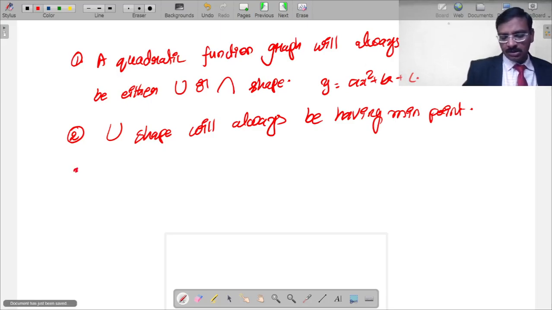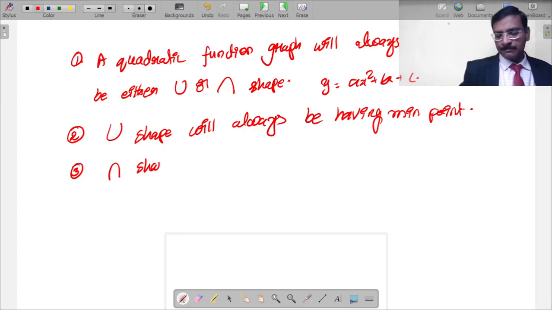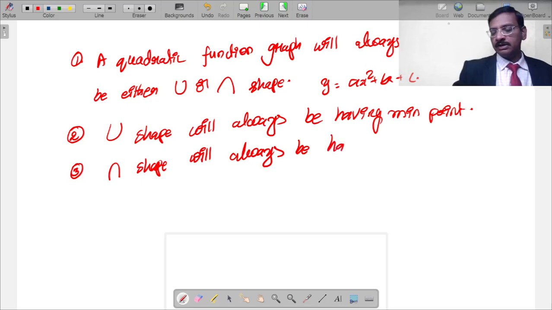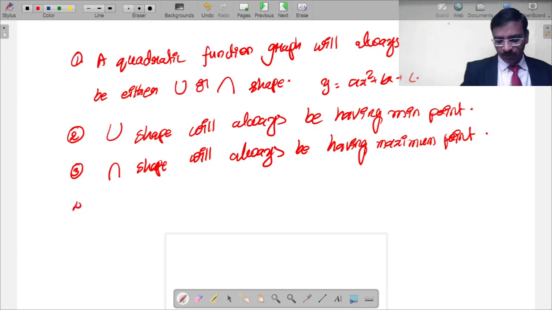And the third point, inverted U shape will always have a maximum point. Right?